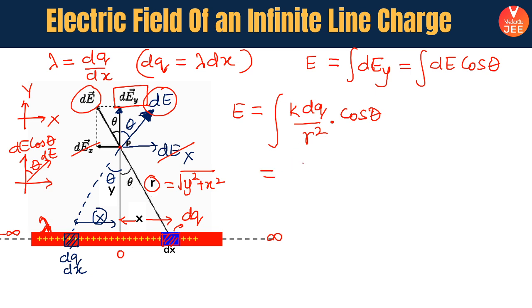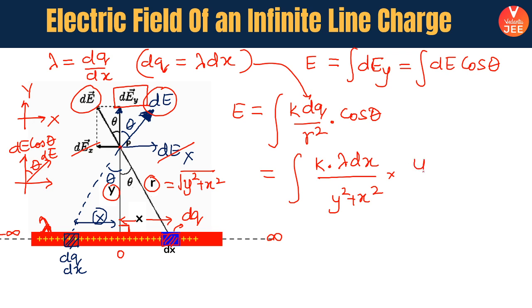We'll come to the limits of integration in some time, don't worry. So k is written, dq I'm writing as lambda dx, lambda is a constant, remember that. And r square will be written as y square plus x square. On the other hand, from the same right angle triangle, I can write the value of cos theta as y divided by r, or y divided by the square root of y square plus x square, or power half.